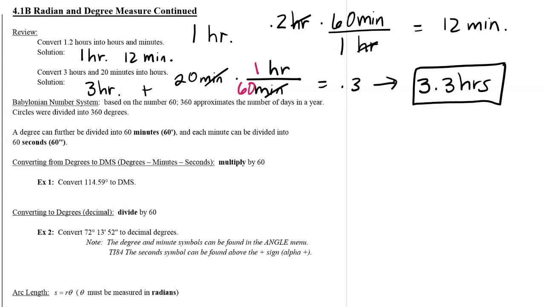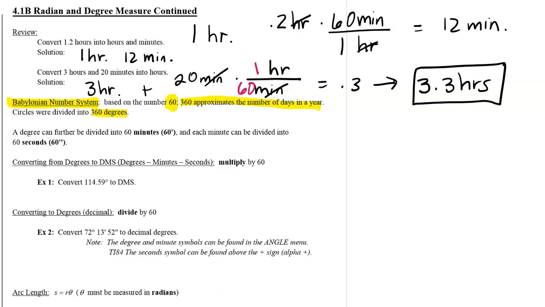All right, let's look at Babylonian number system. The Babylonians were famous for their calendars and their number systems, and everything is based in 60s. So clocks are based in 60s. There are 360 days approximately in a year, and there are 360 degrees in a circle.